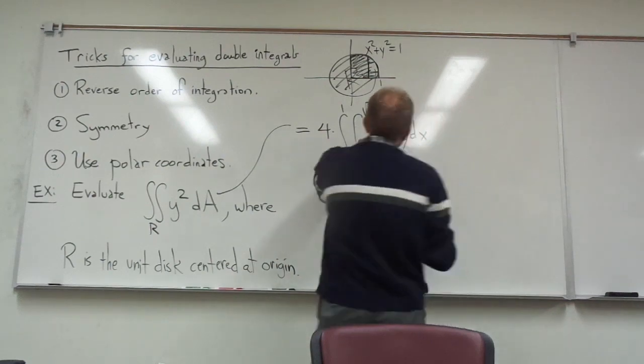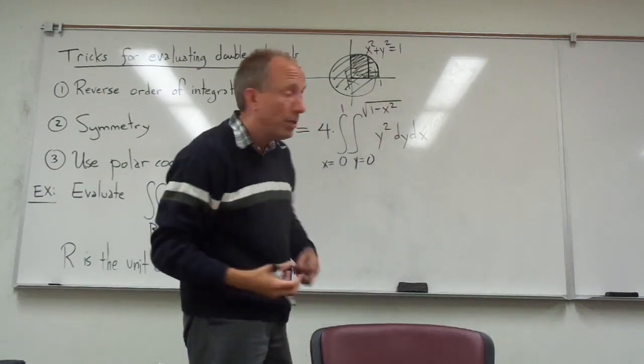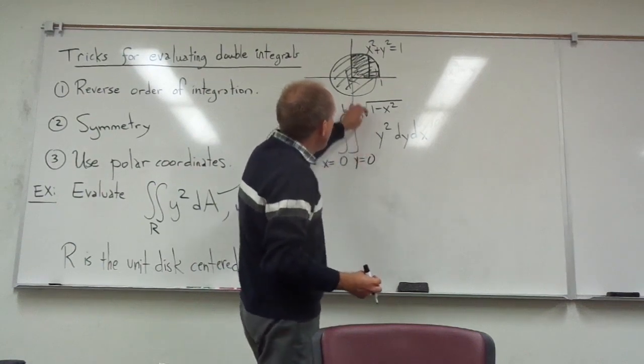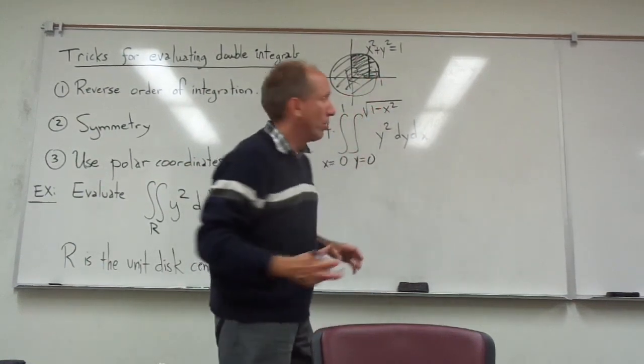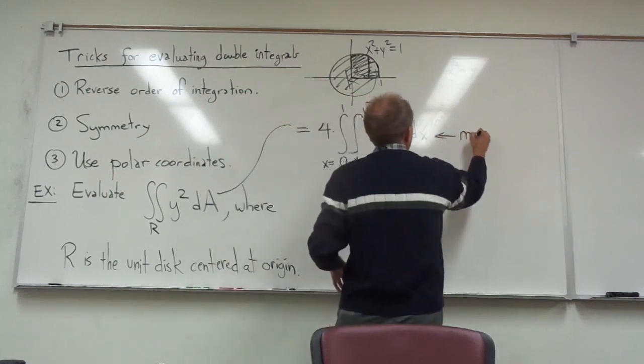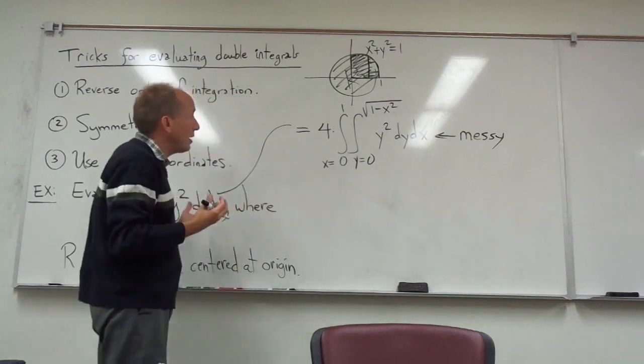And when you integrate y squared, of course you're going to get y cubed over 3. And when you evaluate y cubed with this radical, you're going to be getting a pretty messy integral. This is messy, it's hard to evaluate, even when you are using a little bit of the idea of symmetry.